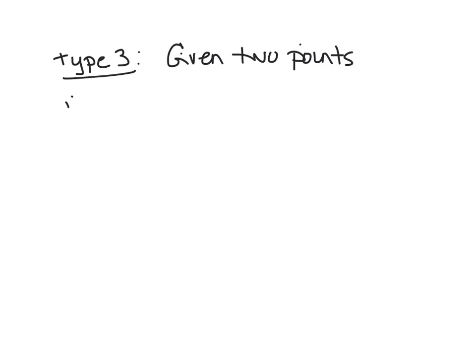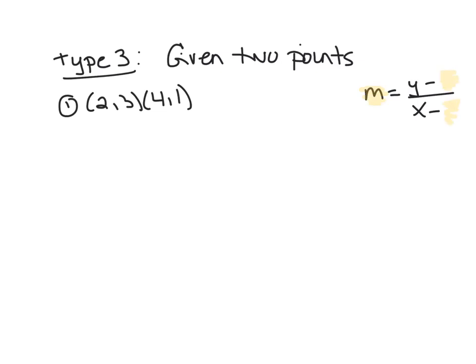For example, (2, 3) and (4, 1). Every time on all those problems last week, we used the slope formula, m equals y minus y over x minus x. Every time we filled in the slope, we filled in these blanks, and then we cross multiplied.